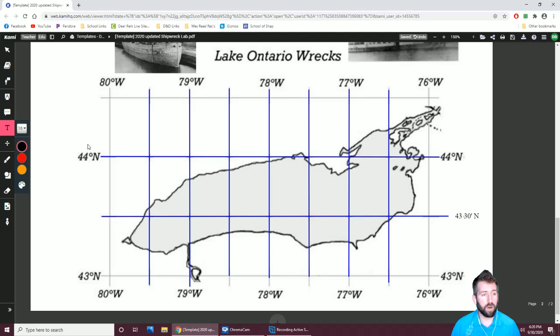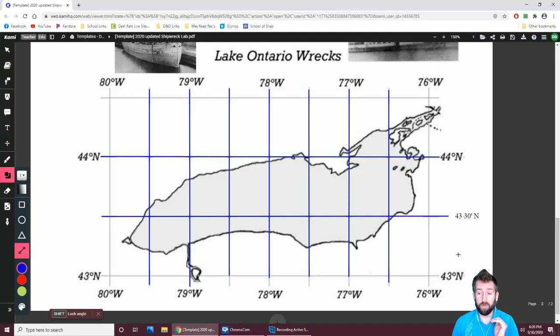Now another thing that I want to point out is we could do this with another shape. You don't necessarily have to do this, but we can break the 60 in total, right? 60 minutes between a whole degree. So from 43 degrees to 44, there's a whole 60. Well, we can break that in half to get this 30, and we could break those in half. So that would make it into 15s.